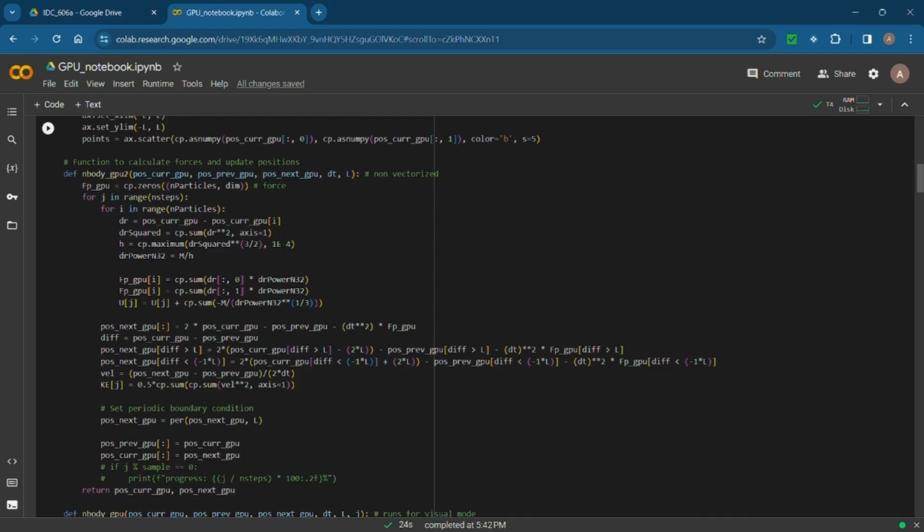And also we are setting a limit because, as you know, gravity is an inverse square kind of force. So if this dr, or this dr square, becomes 0, it will blow up. This is kind of a problem with this system, because it can actually blow up.